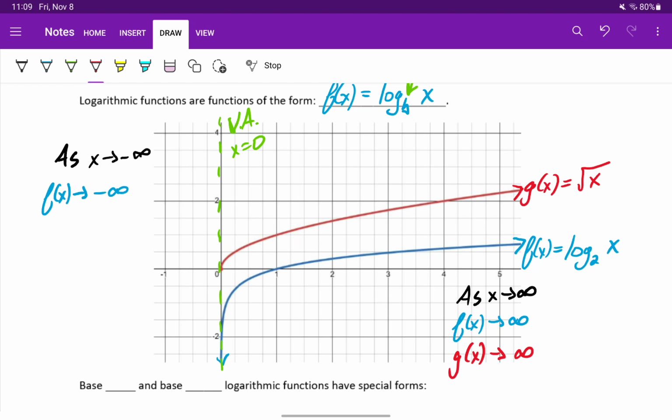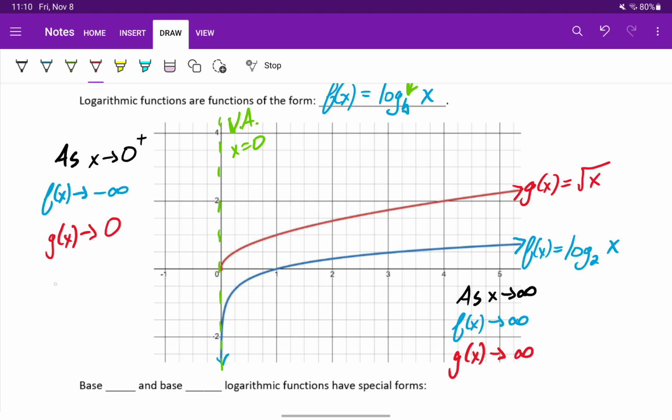Let me step back. That should be as x is approaching 0 from the right. We're not considering x all the way to negative infinity because that's outside the domain for these two functions. Apologize for the mistake there. As x is approaching 0 from the right-hand side, f of x will be approaching negative infinity, and g of x will be approaching 0.